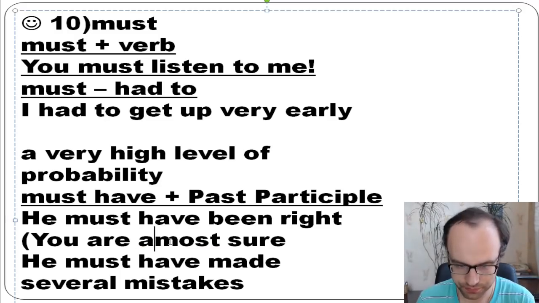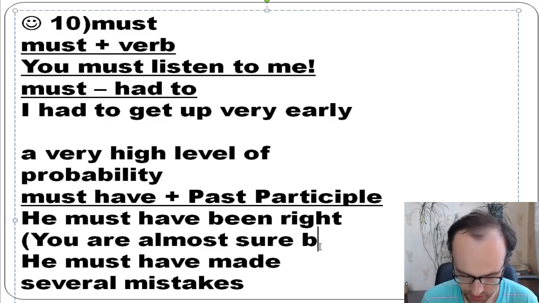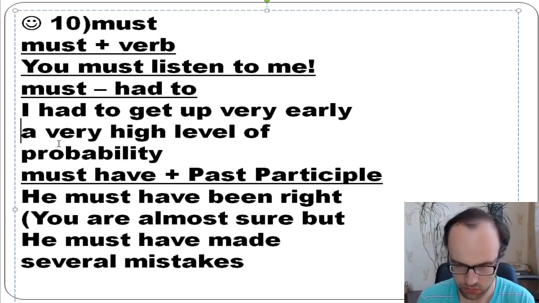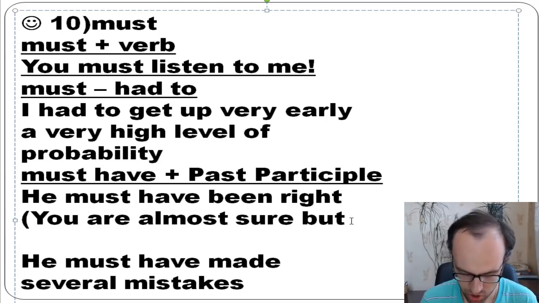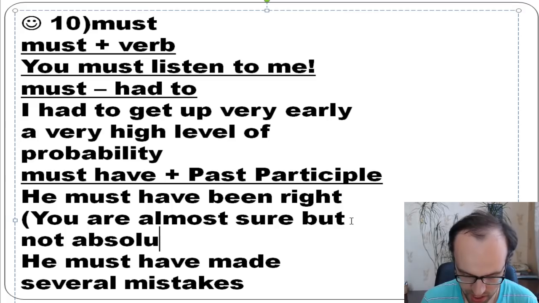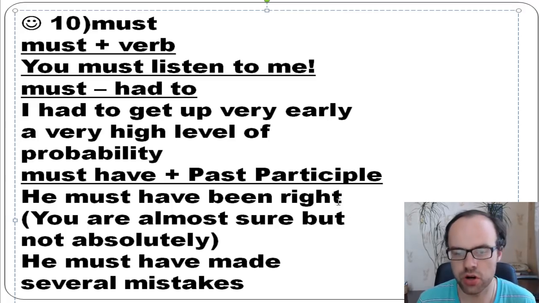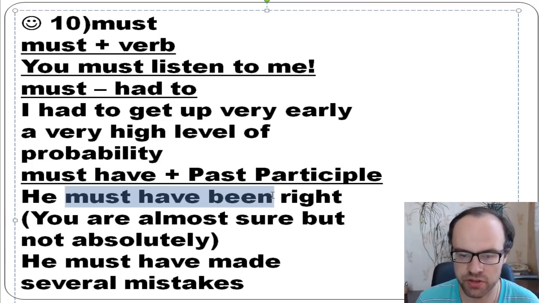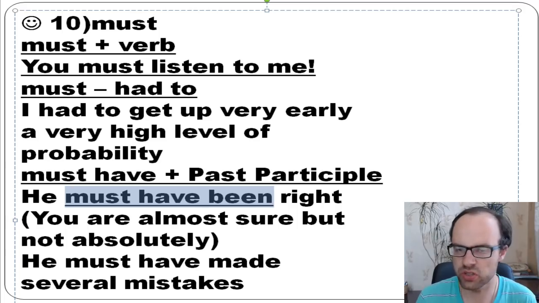You're almost sure, but not absolutely, okay? So he must have been right. You're almost sure, but you can't say it for 100%.